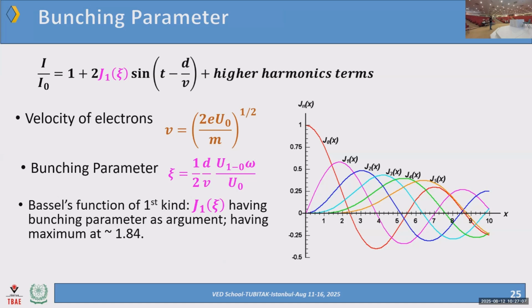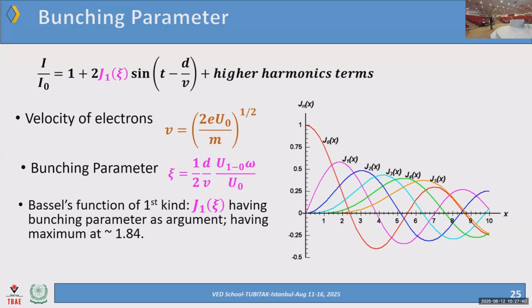This is basically the bunching efficiency of your instrument. Bunching is very important. Bunching is the key to generate higher current in the second gap. I will discuss in detail, but I would like you to first appreciate what this J1 is.